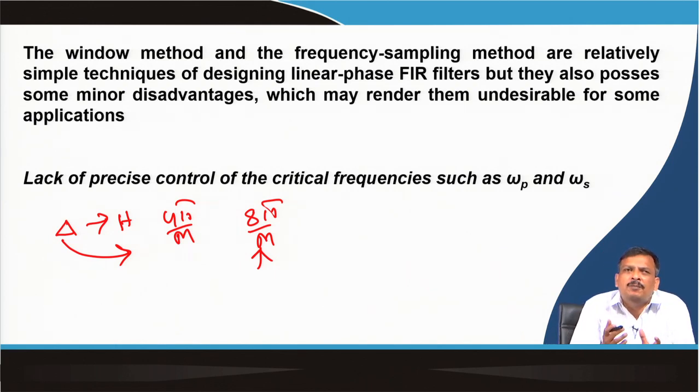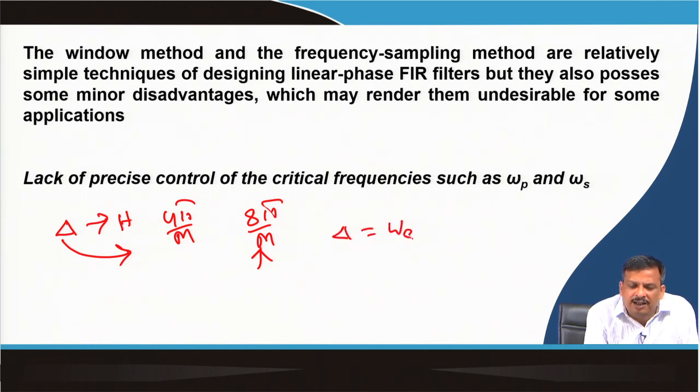So, what is the problem in windowing methods? The lack of precise control over the critical frequencies: omega p, the pass band edge frequency, and omega s, the stop band edge frequency. The transition bandwidth delta is nothing but the stop band edge frequency minus the pass band edge frequency.